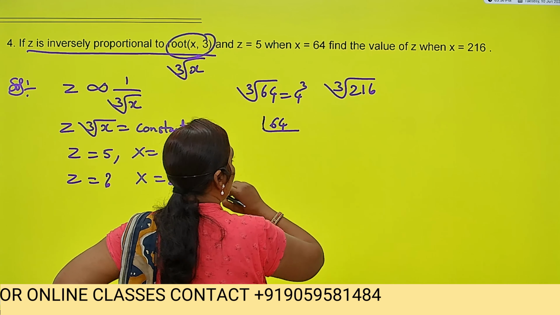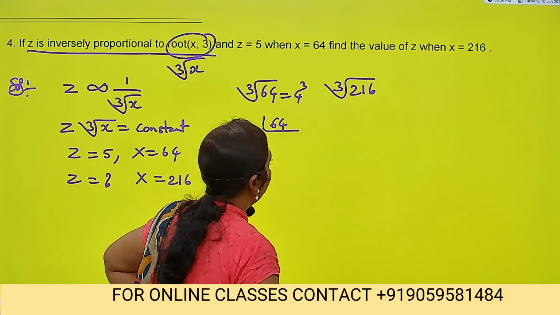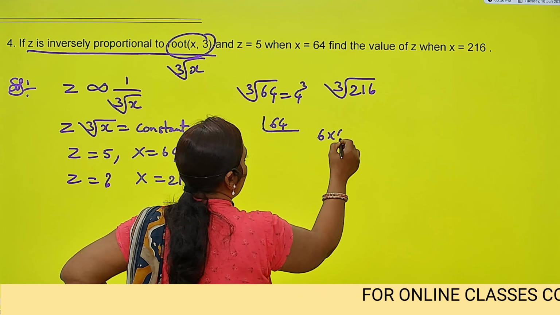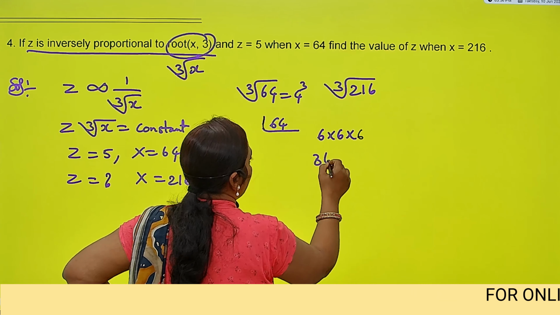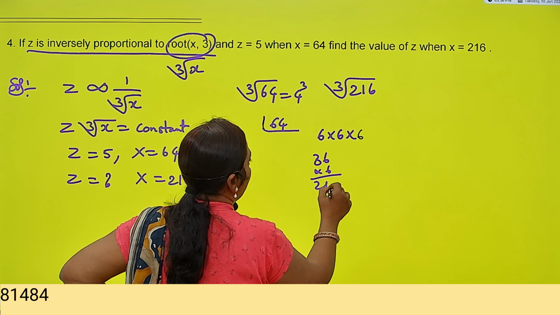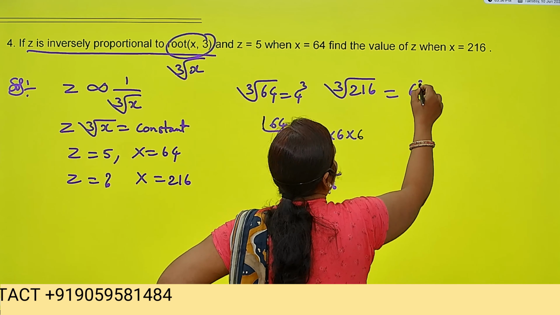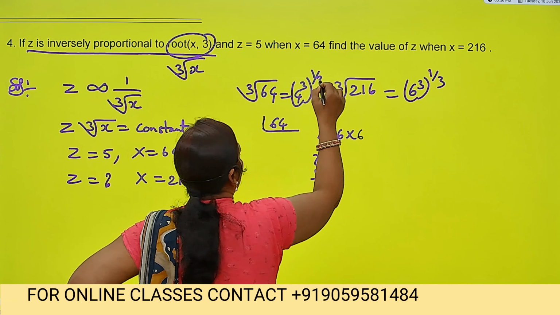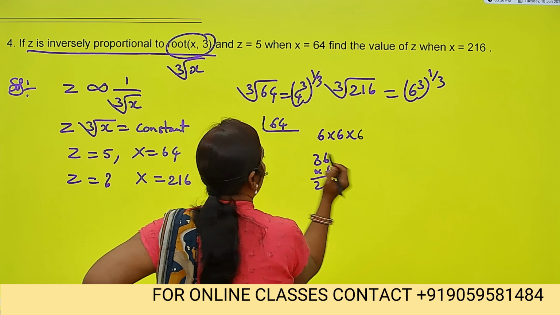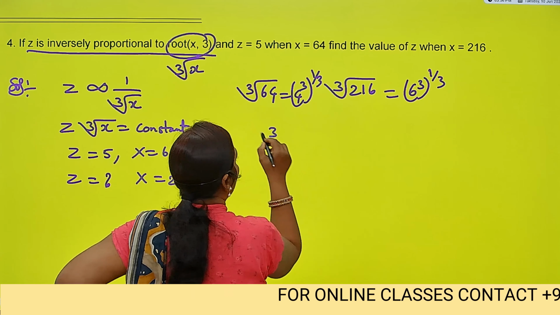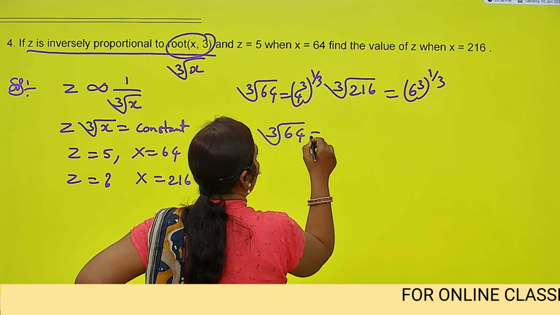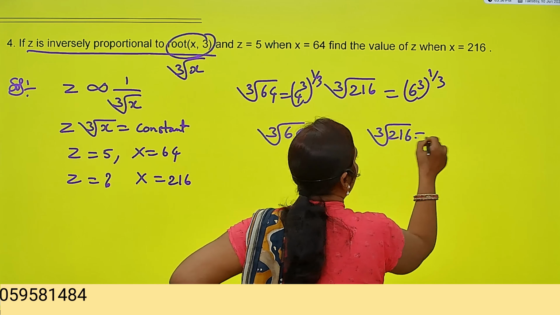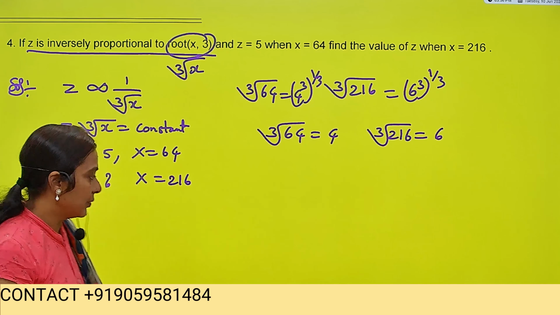Here 216 means 6 sixes are 36, 36 sixes are 216. It is equal to 6 cube whole to the power of 1 by 3. So we can write cube root of 64 equals 4, cube root of 216 equals 6. Got it? Okay.